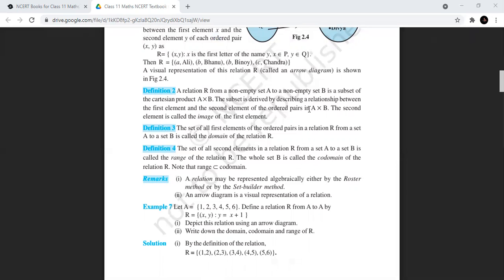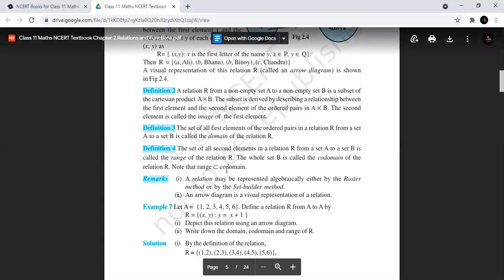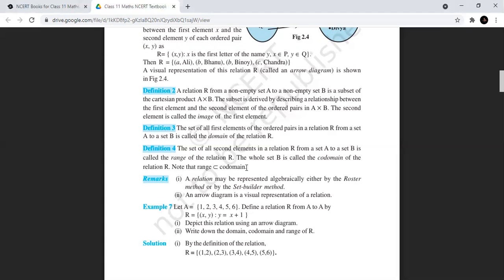Since we have the Cartesian product A cross B, B becomes our codomain and A is our domain. From the codomain, certain y's can be the images of elements of the domain, and the collection of all those images is termed the range. Quite obviously, the range will be a subset of the codomain. If you observe through examples, things will become more clear.